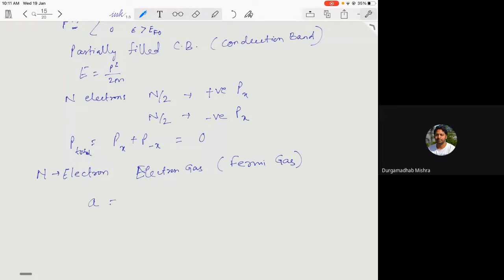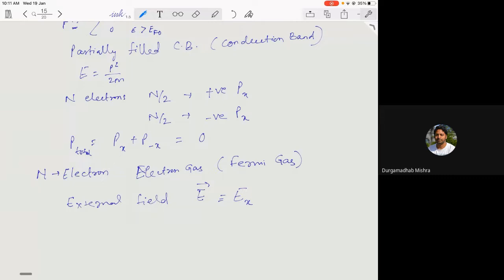So let me say you have an external field E. Since it is in one dimension, we are saying it is Ex, and that leads to a change in the energy as well as momentum of the electrons.